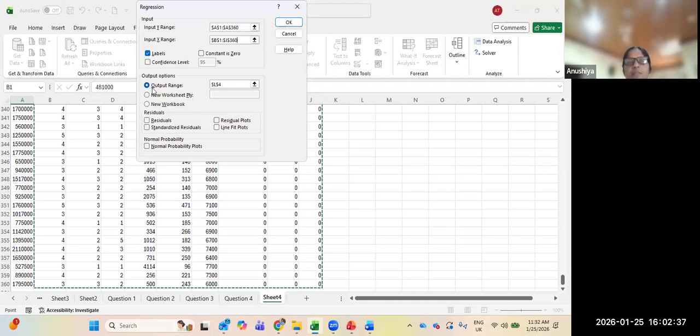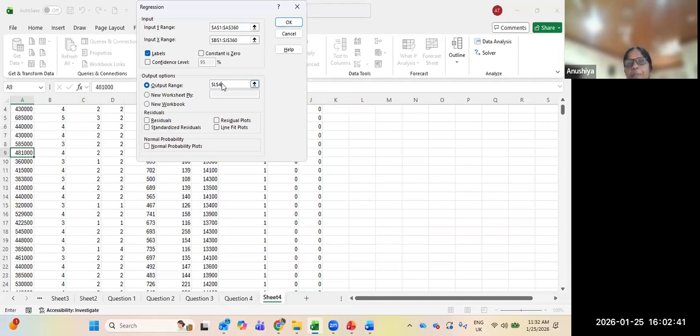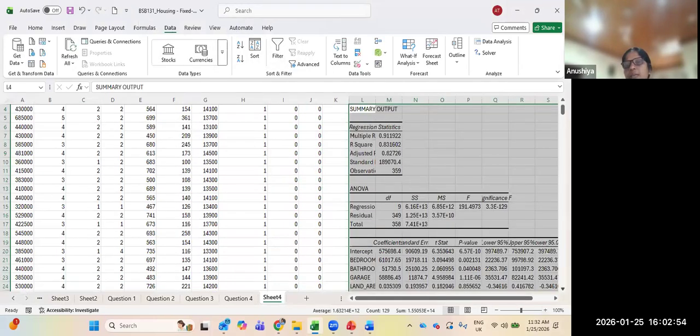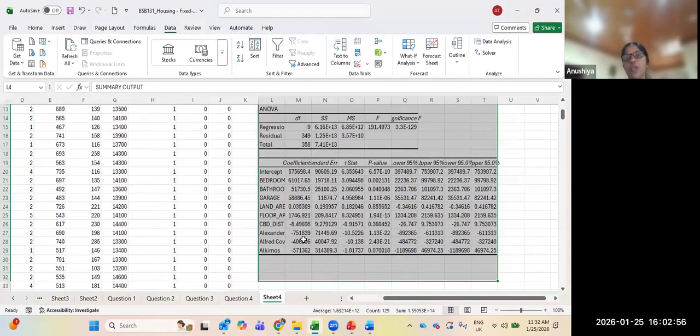And then I tick labels because I included the column headings, and I also included the output range. If I click OK, then this is the output. We are asked to estimate and interpret the coefficients.